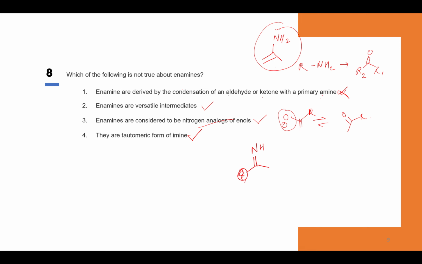You can get it from other amines but not with primary amine. So again this option is incorrect. You have to check all the options, and now we can conclude that option A is the incorrect option. So for this question the correct answer is option A.